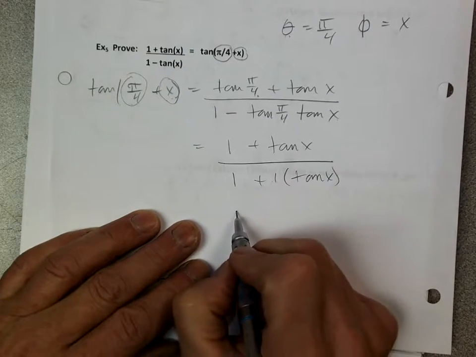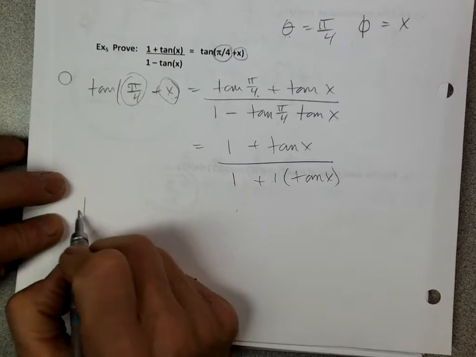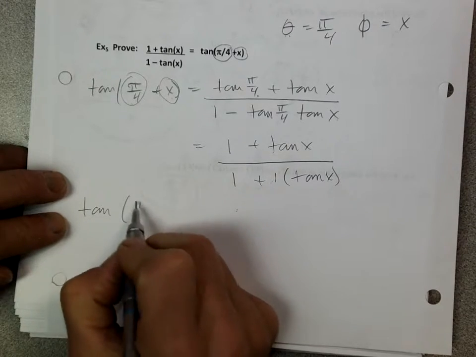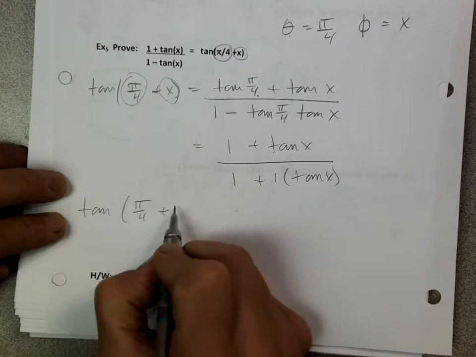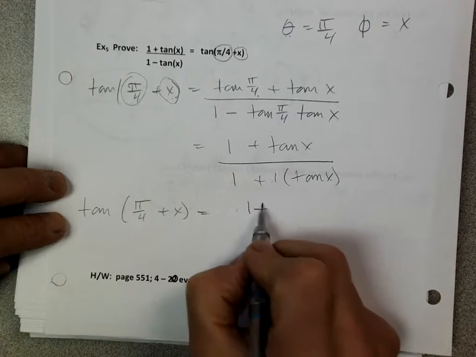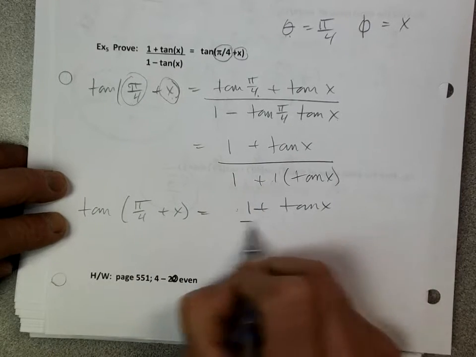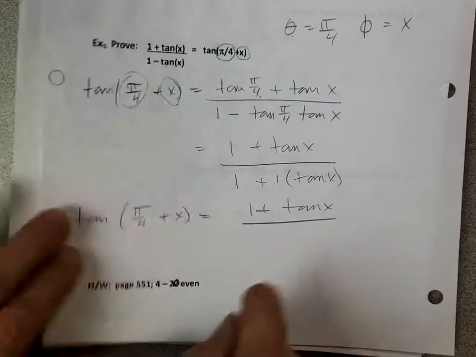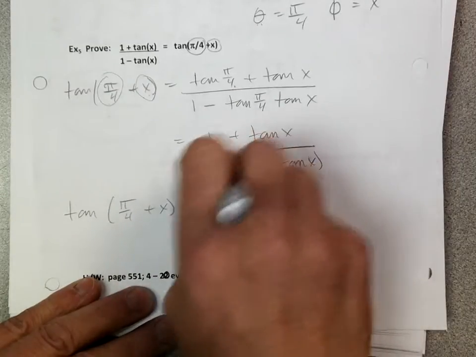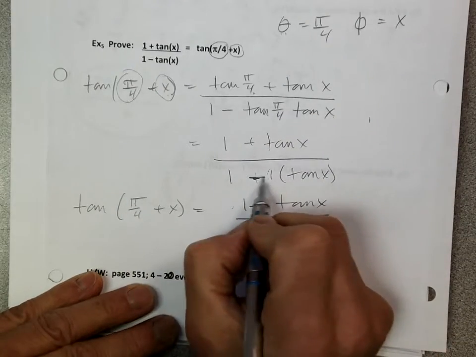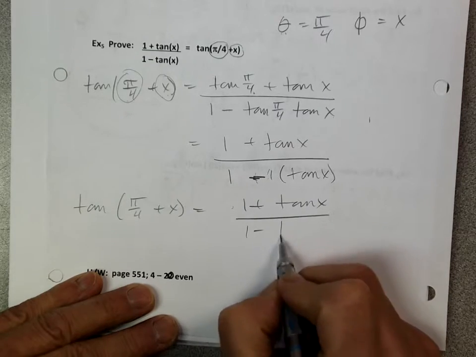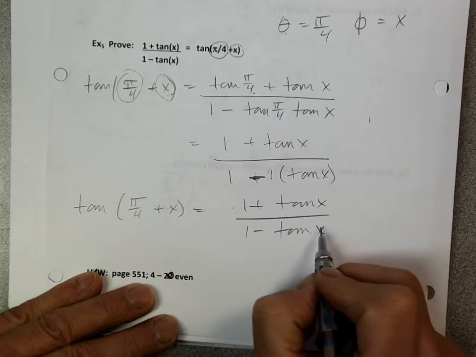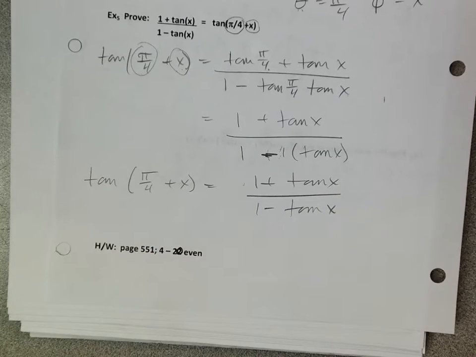So let me just rewrite it finally as: I can prove that tangent of pi fourths plus x is equal to 1 plus tangent of x over, oop, there's a minus there, darn it. It's Monday. 1 minus tangent of x. There it is. We have proven it, okay? All right.